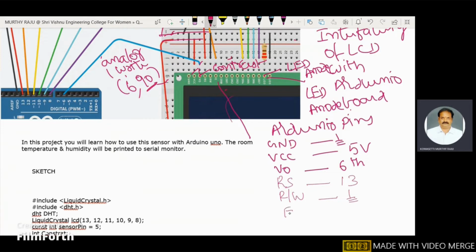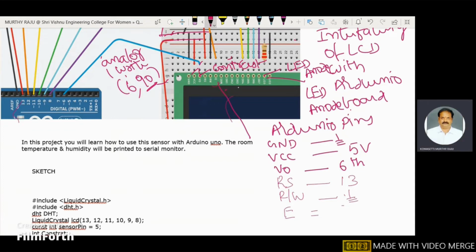Next one is the enable pin. The enable pin is connected to 12.